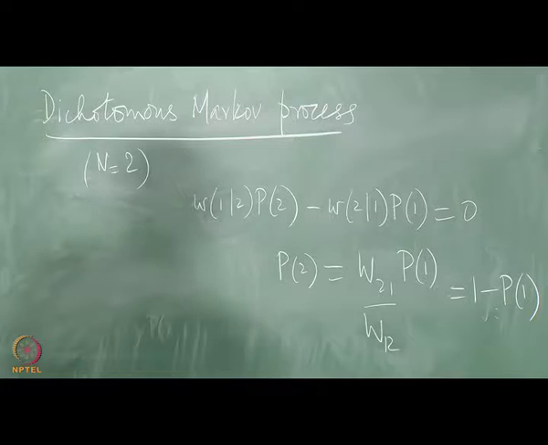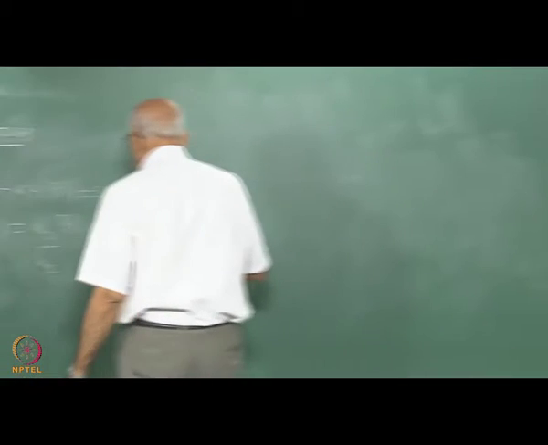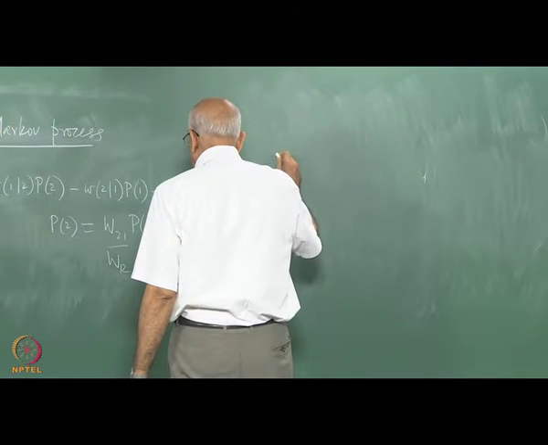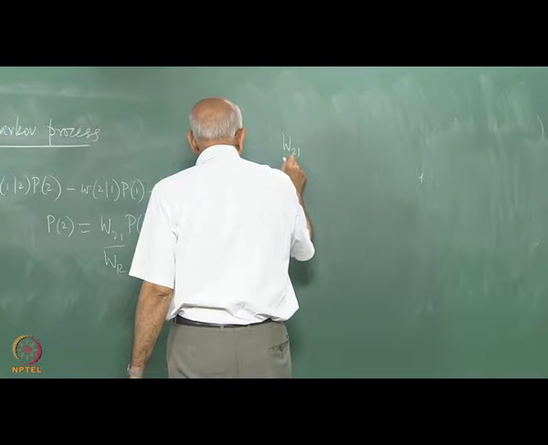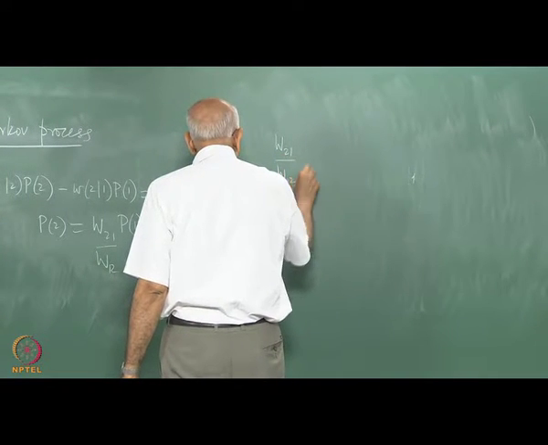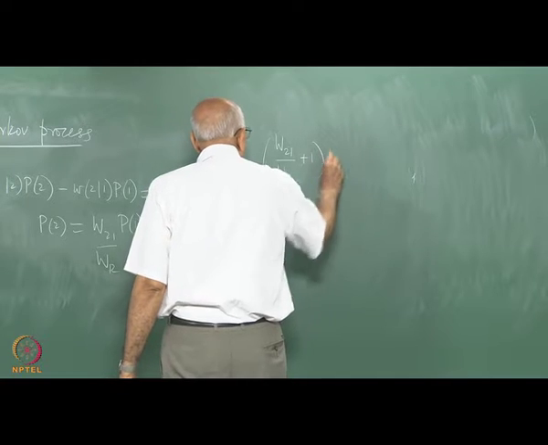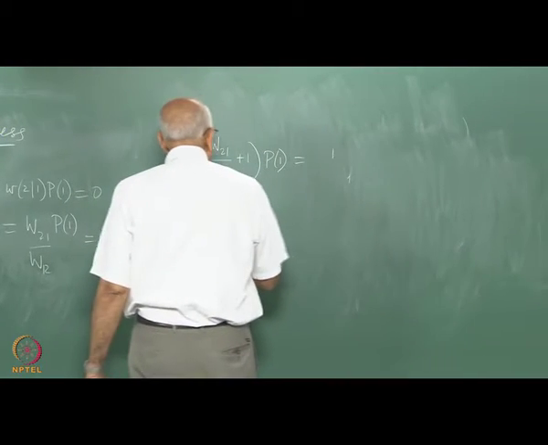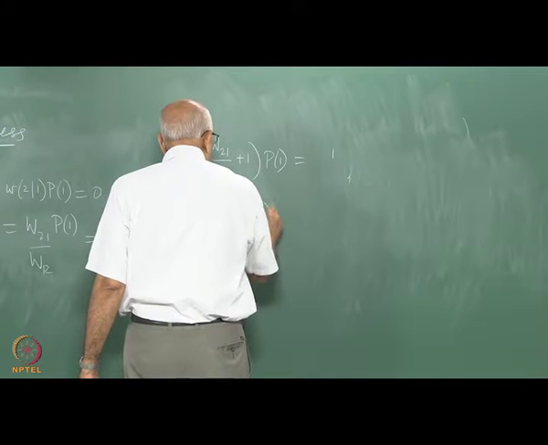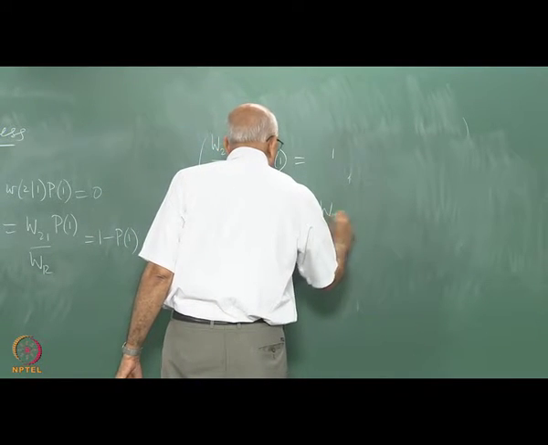Okay. And what does that lead us to? It gives us explicit solutions. It says W21 over W12 plus 1, times P of 1, equal to 1, or P of 1 equal to W12.